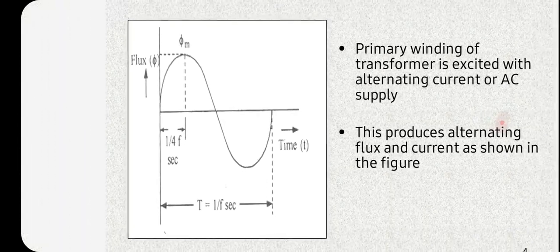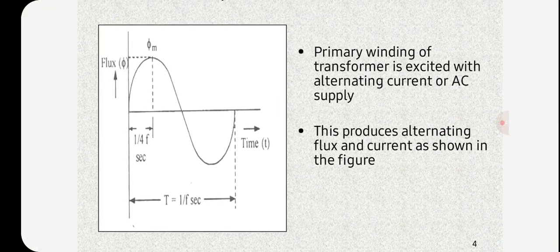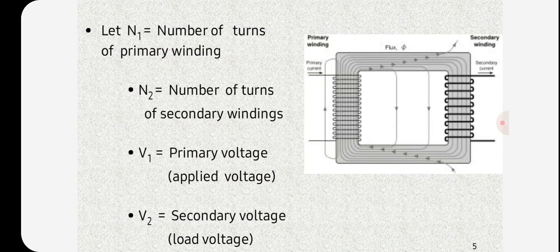The primary winding of the transformer is excited with alternating current or AC supply. This produces alternating flux and current. Here we can consider a single phase transformer. Coil 1 is associated with the primary and coil 2 is the secondary.